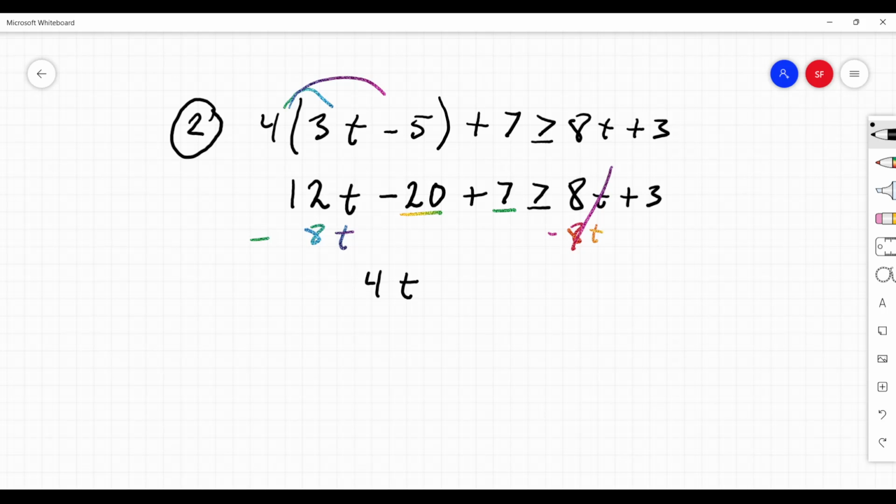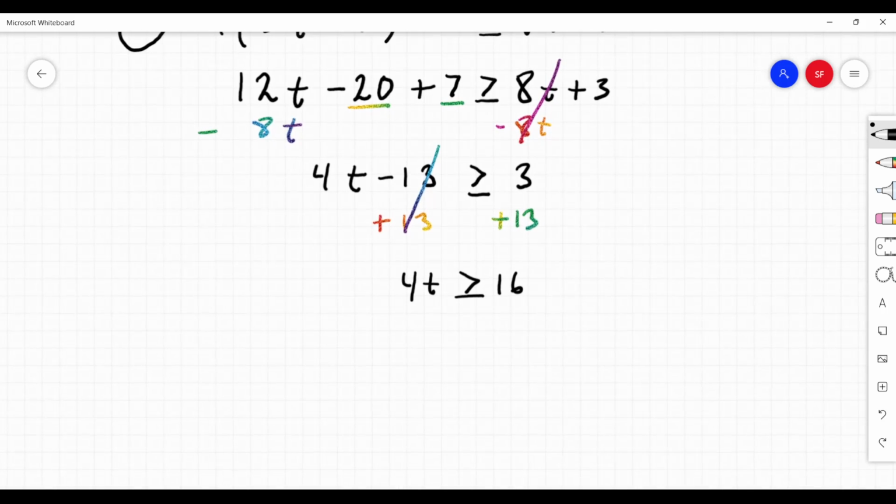What's negative 20 plus 7? Negative 13. And then what? Add 13 to both sides. 4t is greater than or equal to 16. T is greater than or equal to.